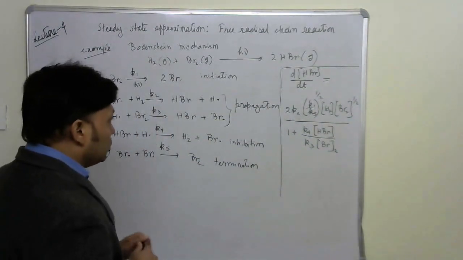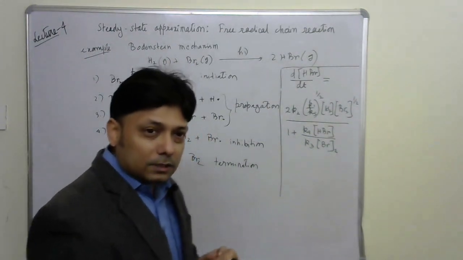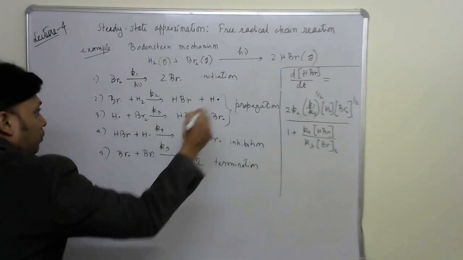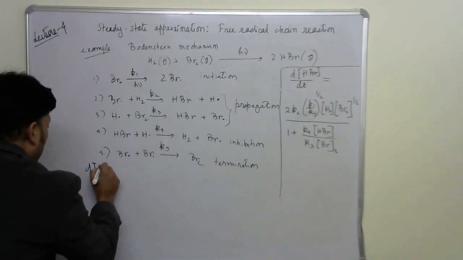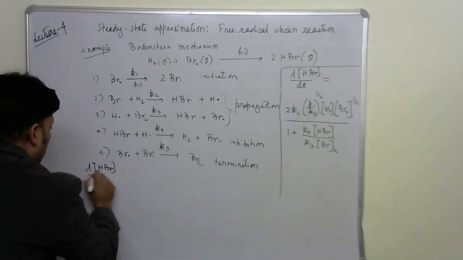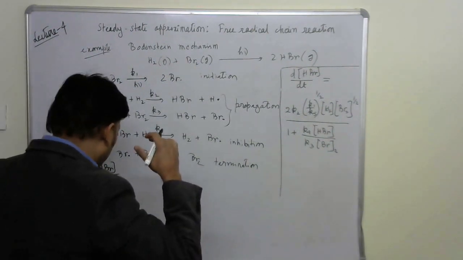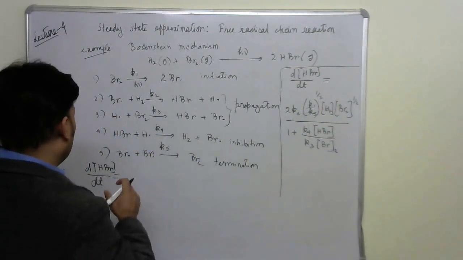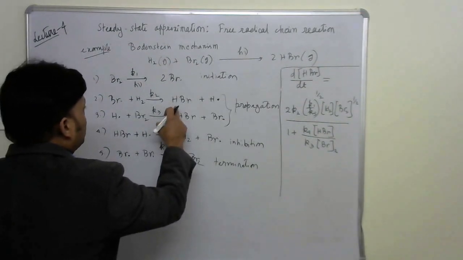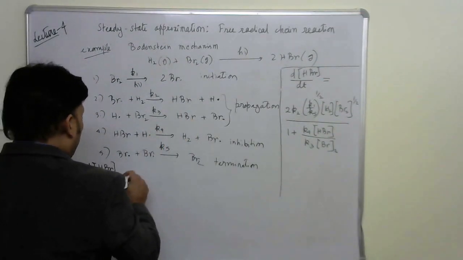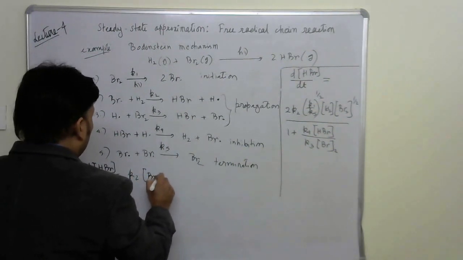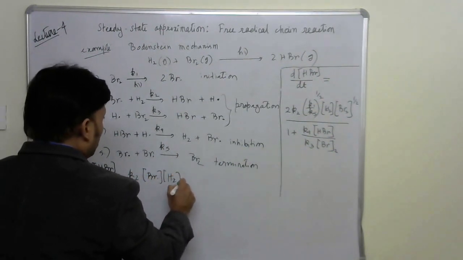So therefore, to help you, I'm going to write the very first step. Here we have to find out d[HBr]/dt. So how can we express d[HBr]/dt? HBr is getting formed from the second step, that is K2 multiplied by Br dot and H2.